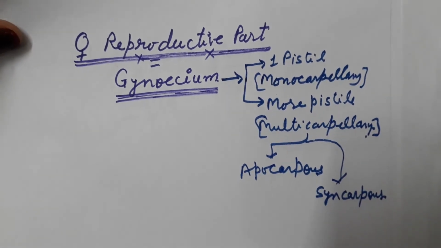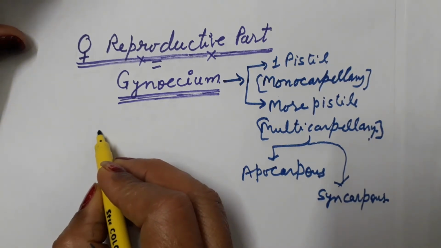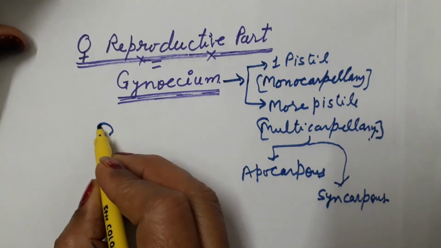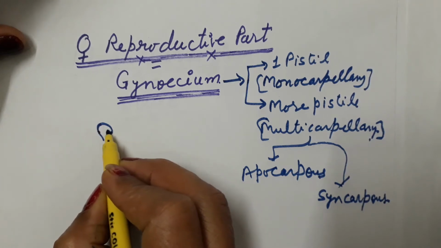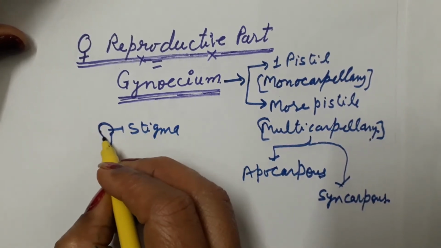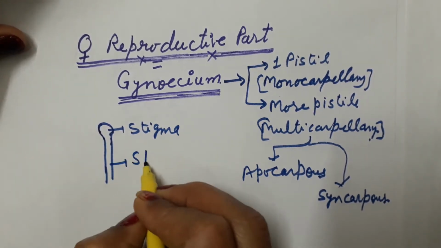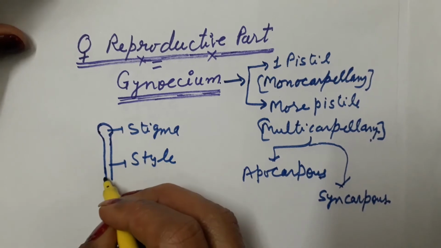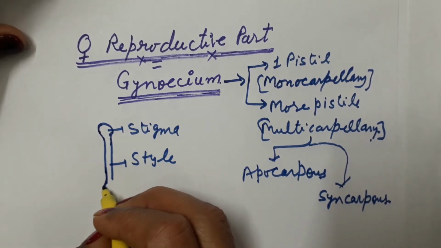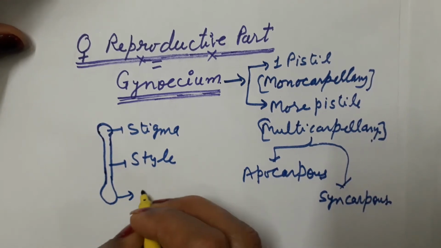Each carpel consists of 3 parts. The upper swollen head-like structure represents the stigma. The middle stalk-like structure is known as the style, and the lower basal swollen portion represents the ovary.